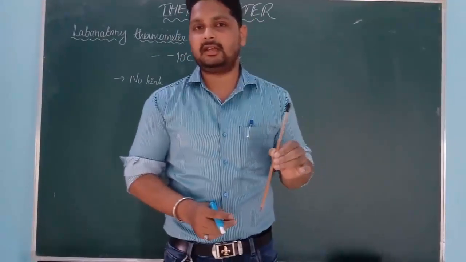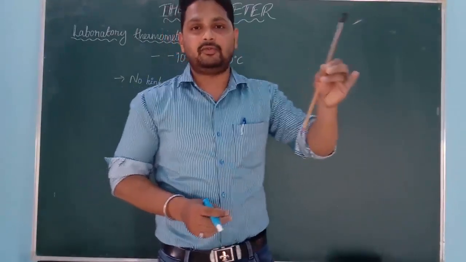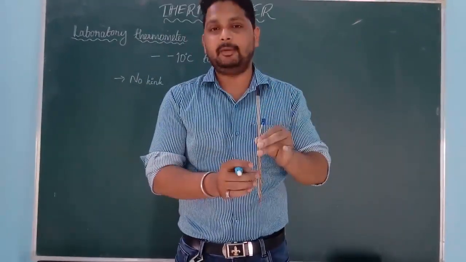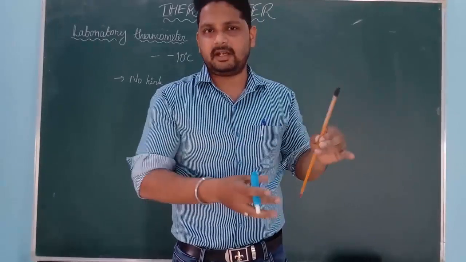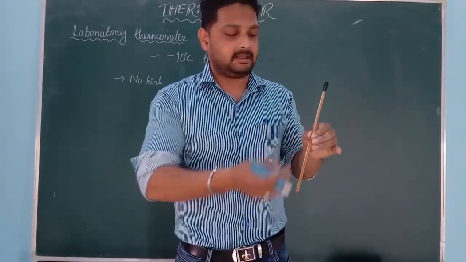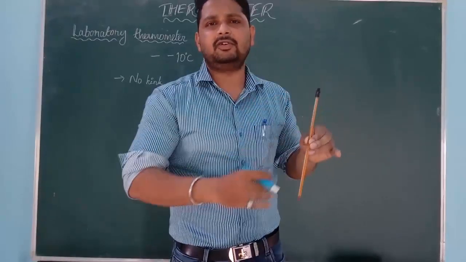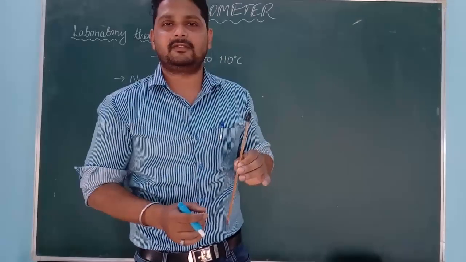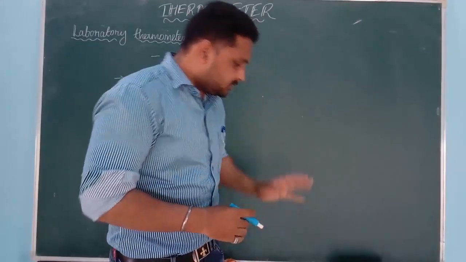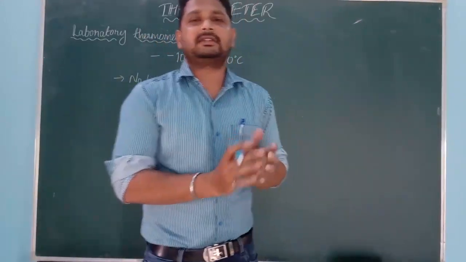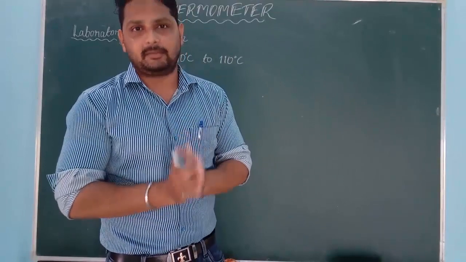Since there is no kink, as soon as you remove the thermometer from the substance, it will come in contact with the atmosphere and show the temperature of the atmosphere. The mercury may fall or rise, and it will show a different measurement than the temperature of the substance. So this is how you take measurements with a laboratory thermometer.